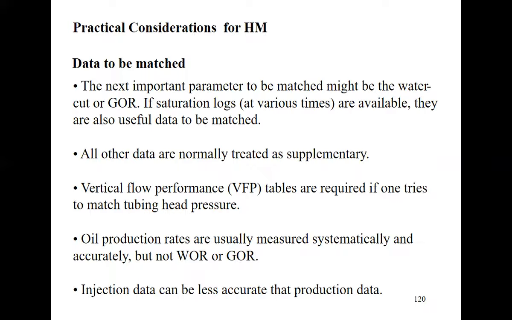This may happen because of the injection side. We may not have very good flow meters to measure these injection rates. We may have some considerations to take into account to have good accurate data.